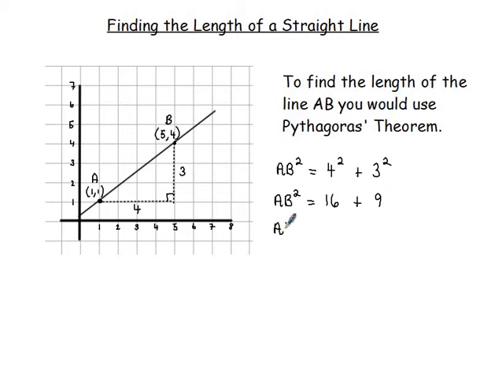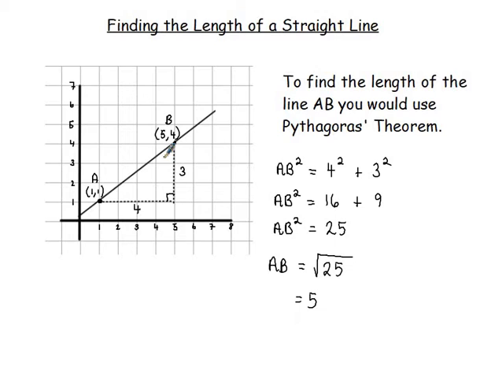So our AB squared is 16 plus 9, which gives us 25. Now remember, we then want to get rid of the squared, so we need to square root both sides. So AB is going to be the square root of 25, which gives us 5. So the length of AB, the length between these two coordinates here, is 5 on this graph.